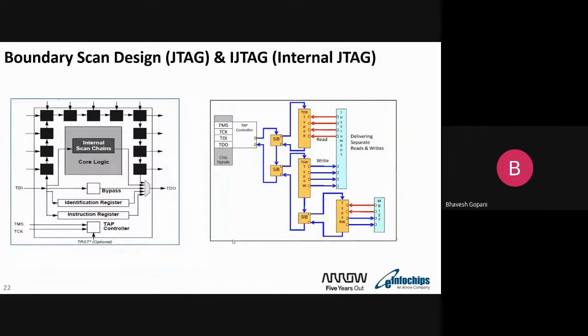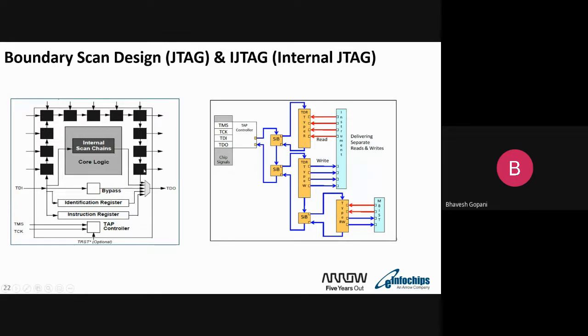Next topic I can say, JTAG and internal JTAG. Nowadays, people at SOC level are mostly implementing the IJTAG strategy. Initially we had JTAG, where the tap controller controls the core logic through some boundary registers.